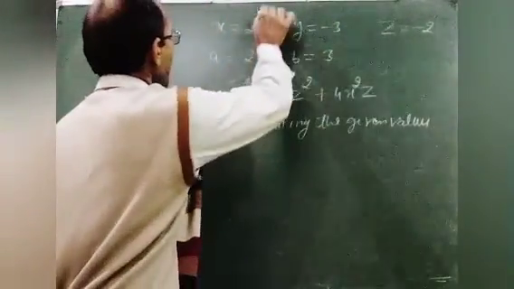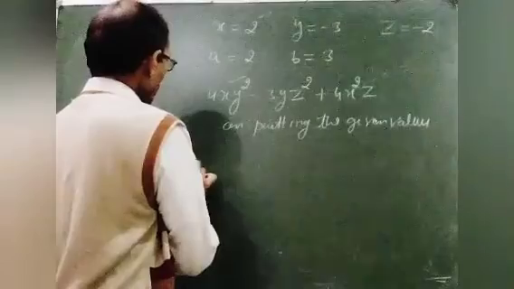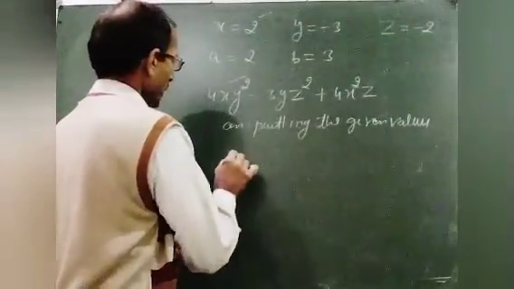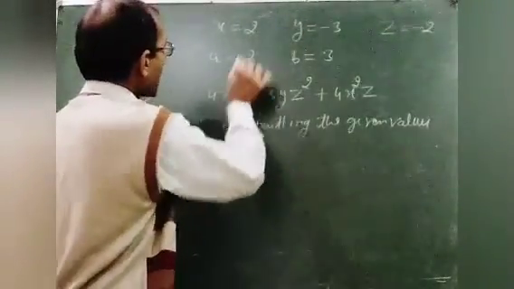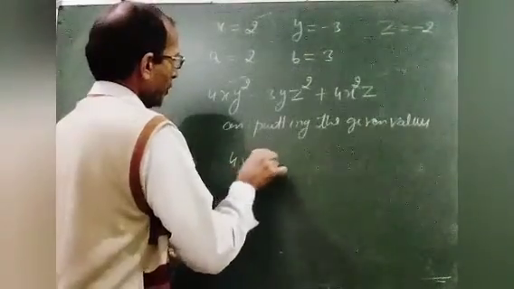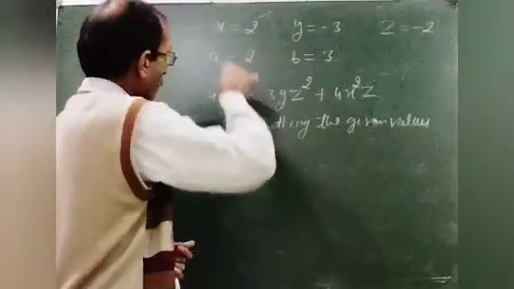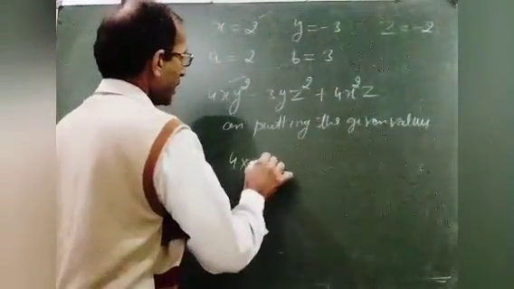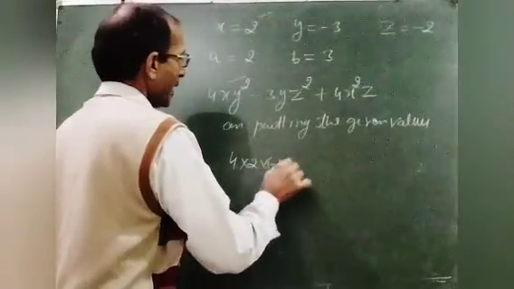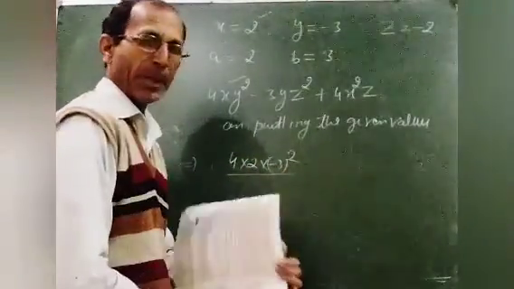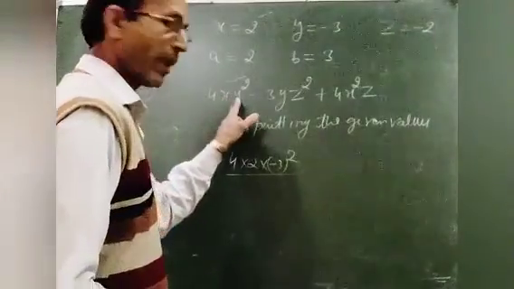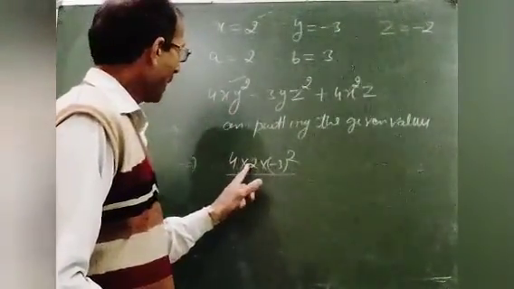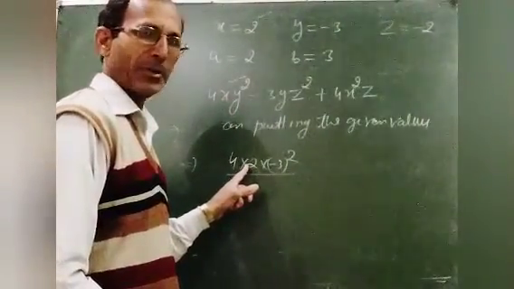So what is the value of x? 2. So 4, I am putting the value of x, x is 2, so put here 2. Y is minus 3, so minus 3 square. This is the solution of the first term, 4xy square. 4 multiplied by 2, because the value of x is given 2.